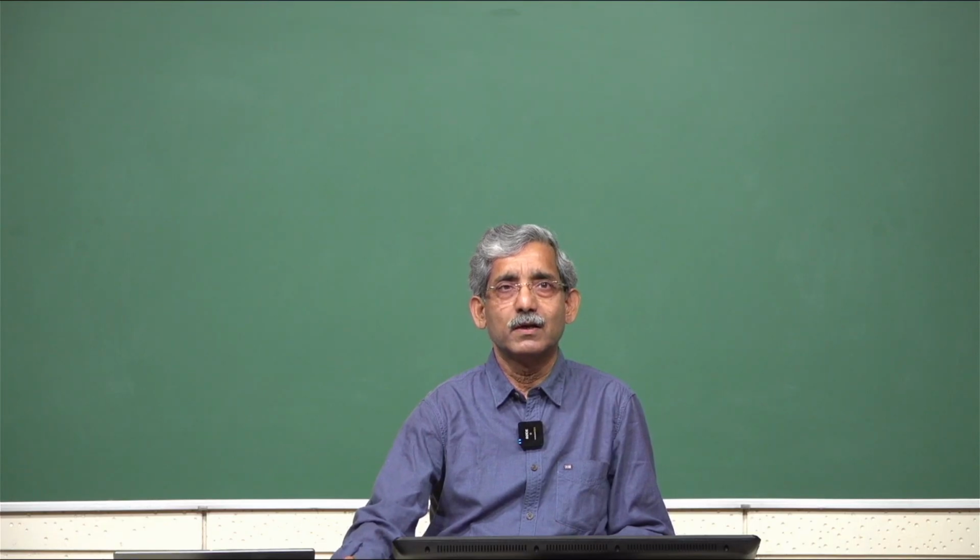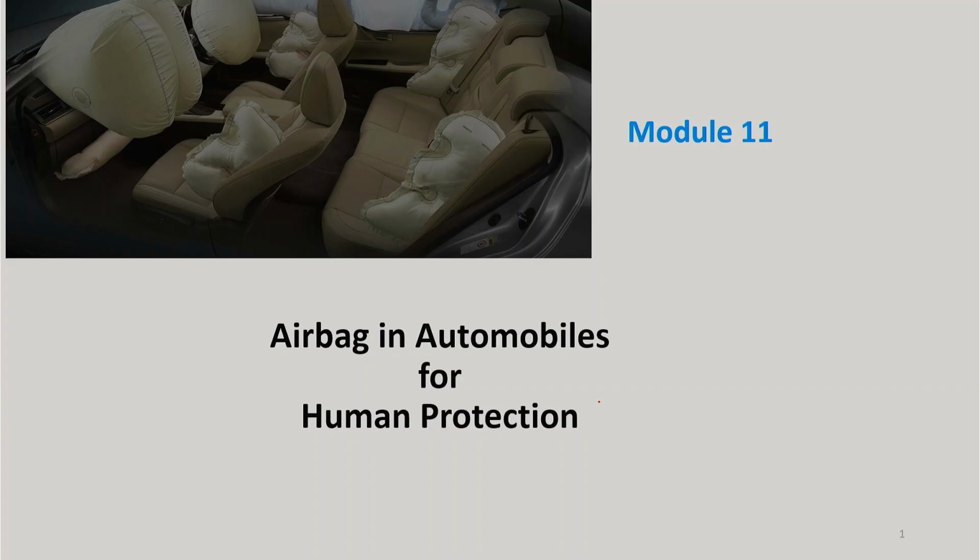Here we will try to understand the different types of textile materials which are used for airbags and what are their mechanisms. So, a few aspects we will try to discuss here.